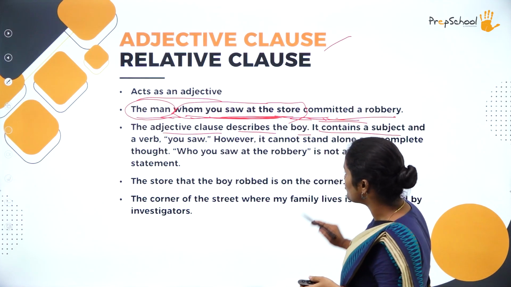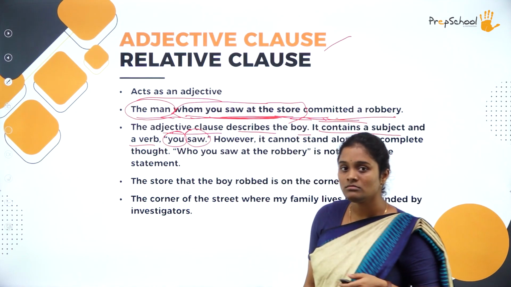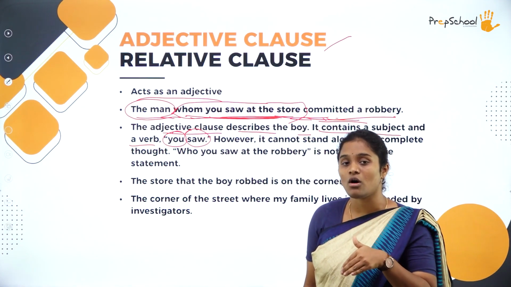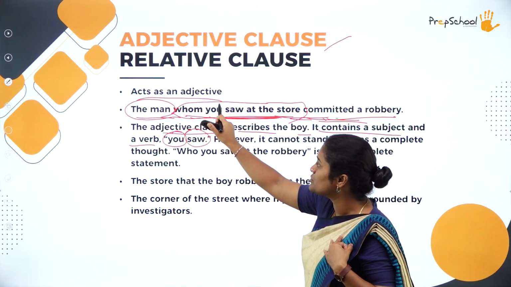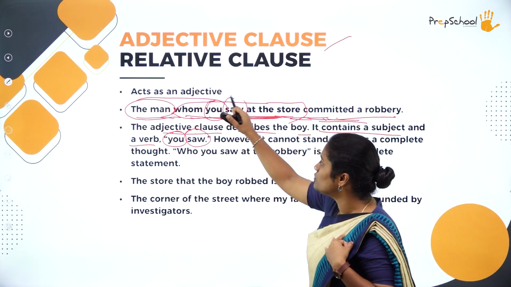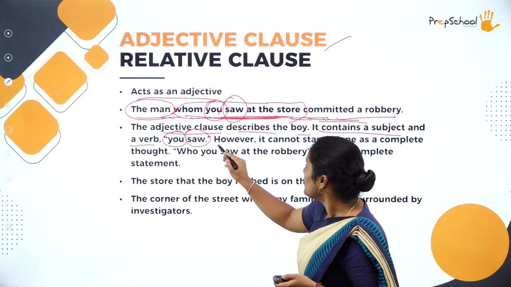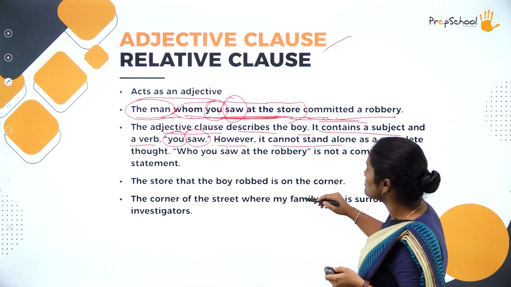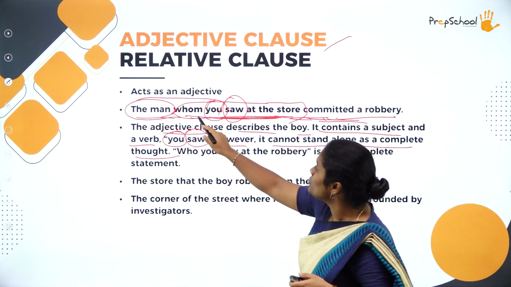It contains a subject and a verb. You saw. Alright? Like all the other clauses, it contains a subject and a verb. So does this one contain a subject and a verb? There's a subject and a verb. That's how you know that it is a clause. However, it cannot stand alone as a complete thought. Whom you saw?